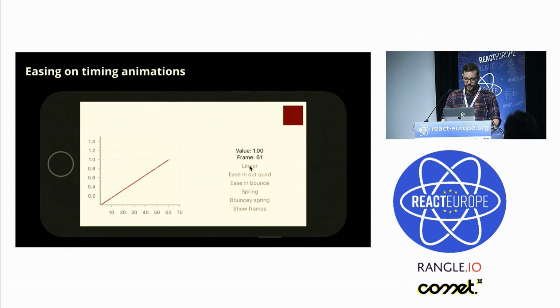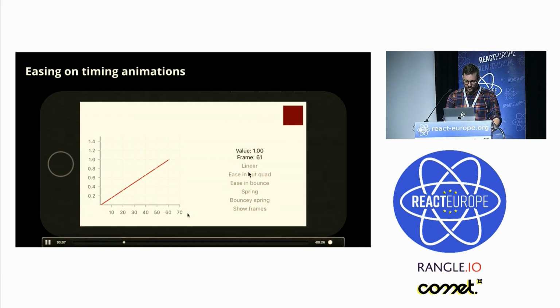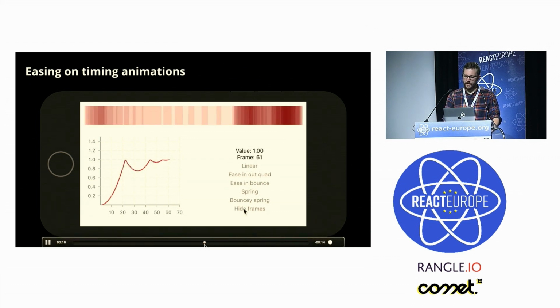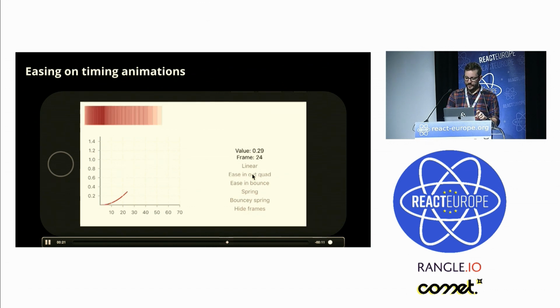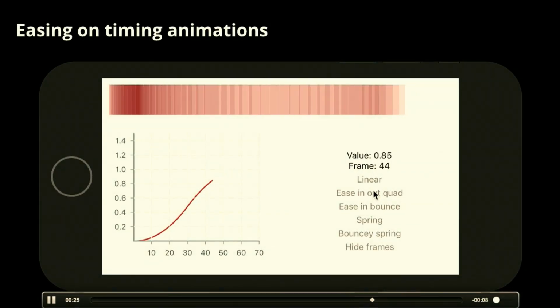It's also useful to see here, when we turn on show frames, that the way the individual frames are drawn, the way the box is moving, looks very different depending on whether it's this linear animation. You can see a concentration at the beginning and the end at ease in out quad because it accelerates, then it's going fast in the middle of the animation, and then it decelerates again.